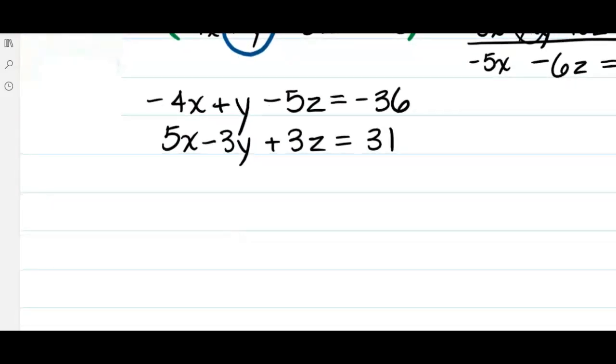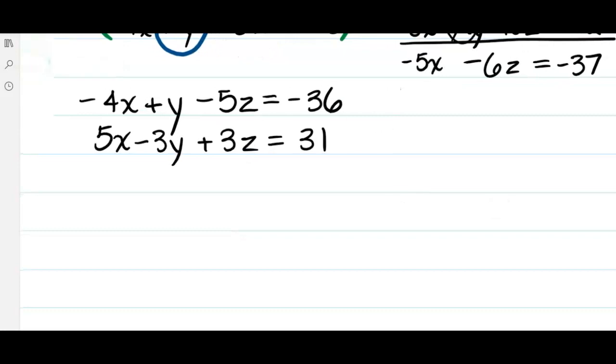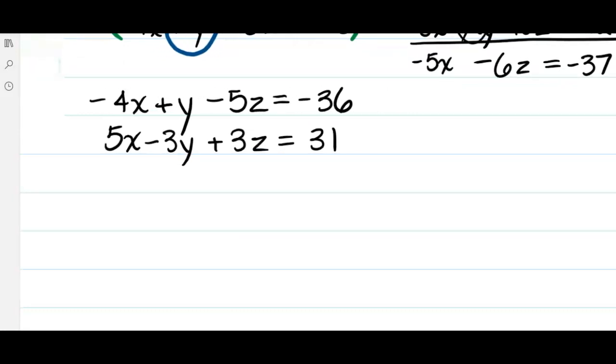I want to eliminate the y because then I will have two equations in terms of x and z. So I wish I could eliminate the y's right off the bat, but I can't because I need this to be a 3. So I'm going to multiply the whole first equation by 3. Then the y's will eliminate.